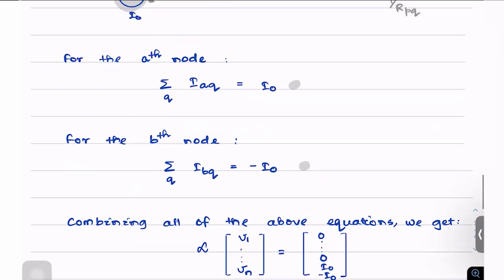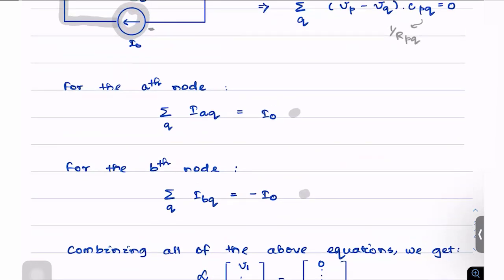Where, what is the L matrix? So again, what we can also do is write it in terms of the voltages, and it becomes (VA minus VQ) times CAQ equals I naught.